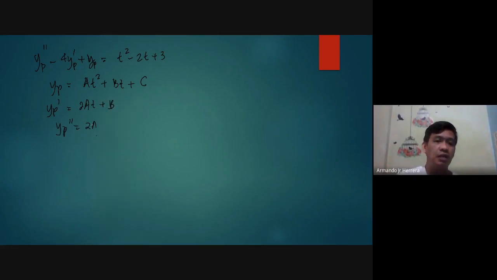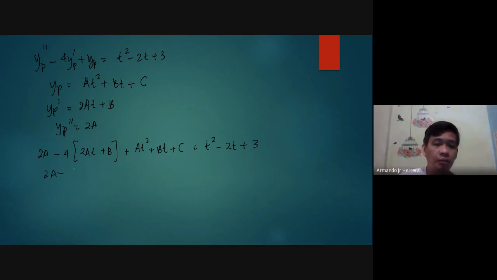So substituting to our equation, you have 2a minus 4 times y_p prime, and that's 2at plus b, plus our y_p, which is at squared plus bt plus c, is equal to t squared minus 2t plus 3.